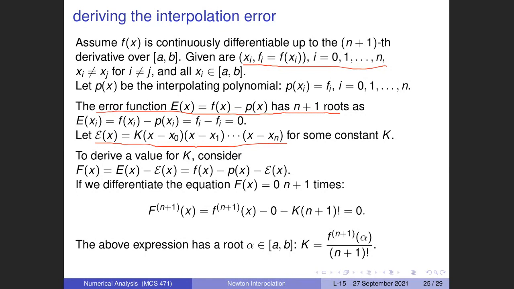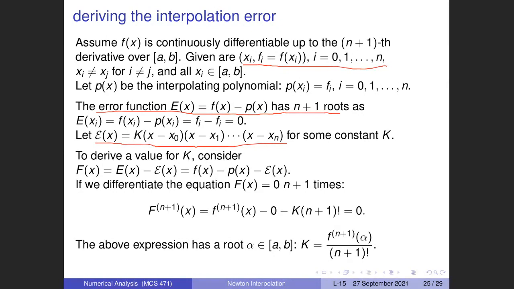And we can. So we look at the error function. So we have now four functions. We have the given function, the interpolating polynomial. We have the actual error function. And then we have this curly e, that is the fourth representation.